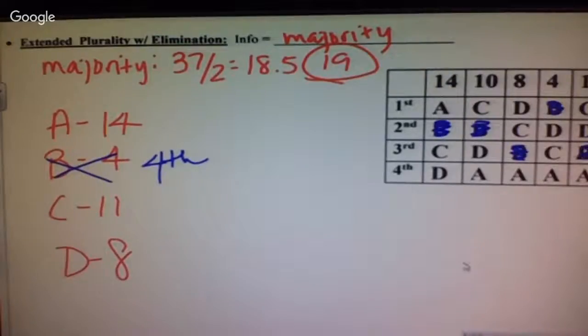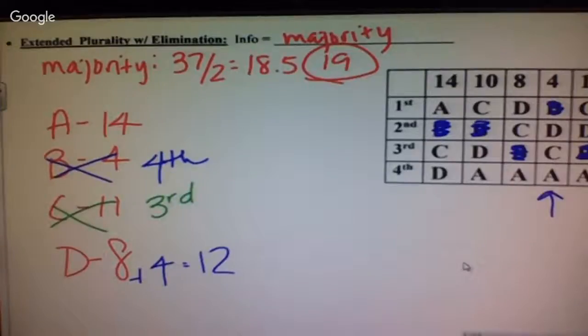And when I do that, those 4 points that were originally at B now go to D, which now gives D 12. And I heard somebody say now C goes. So C leaves, which means they're in 3rd place.